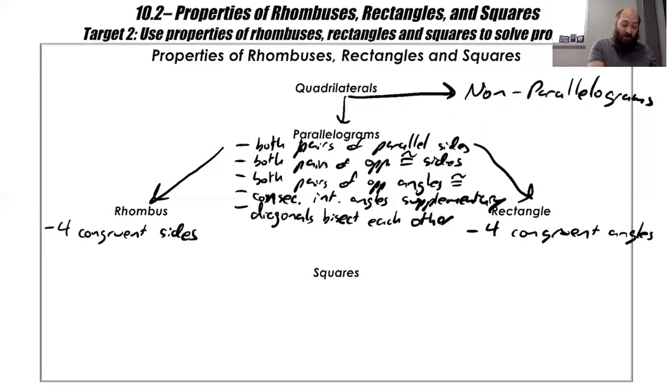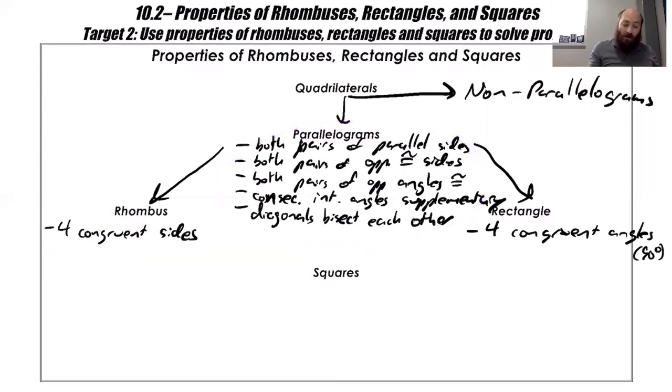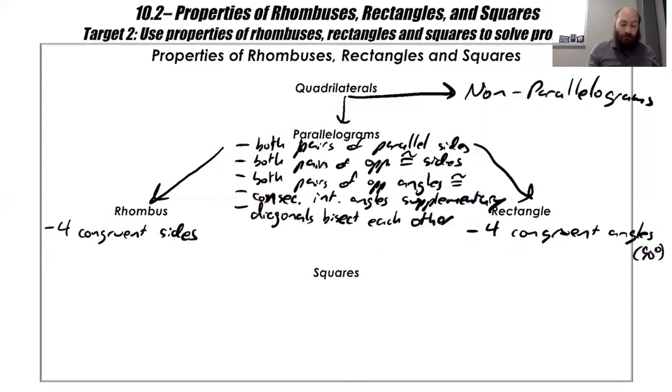And that also means if we have 4 congruent angles, that all those angles are 90 degrees. So if I look at something that is a rhombus, since a rhombus is also a parallelogram, then I could say that a rhombus has these 5 properties plus 1 more as of right now. So that means there's 6 properties for a rhombus, and then also 6 properties for a rectangle, because it's got those 5 plus 1 more for the 4 congruent angles.